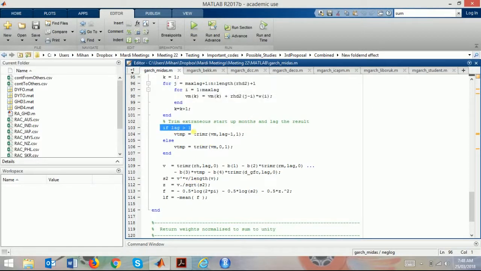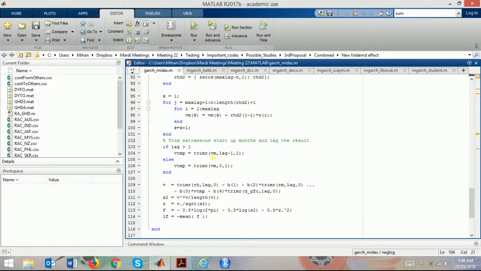As long as lag is greater than 1, we trim our realized volatility lag minus 1 rows. I mean the first lag minus 1 is trimmed, and from the last one, 1 is trimmed. So whatever the lag was, from the first that amount is trimmed, from the last one is trimmed.